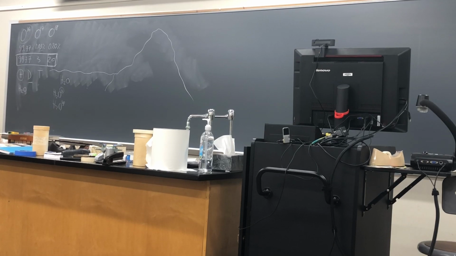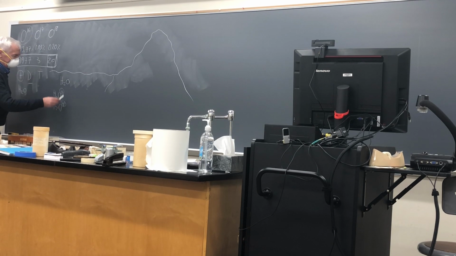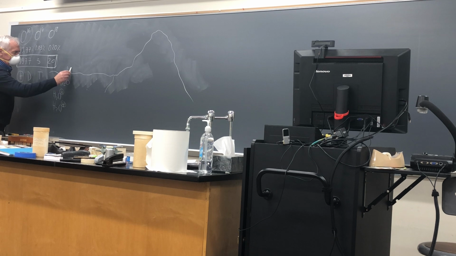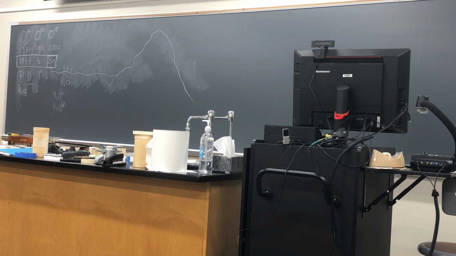So which of these two types of water is likely to evaporate easier from the ocean into the air? The lighter one? The lighter one. Why? I'm guessing because it's lighter. A good guess. It's lighter, it takes less energy to convert it from liquid to vapor state because it is less massive, or takes less energy to kick it out from the ocean.